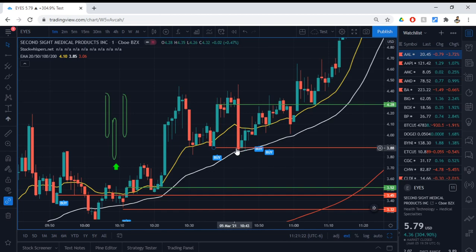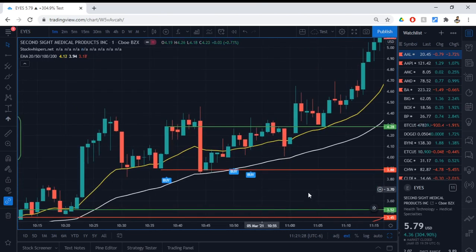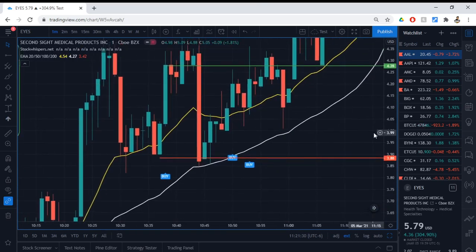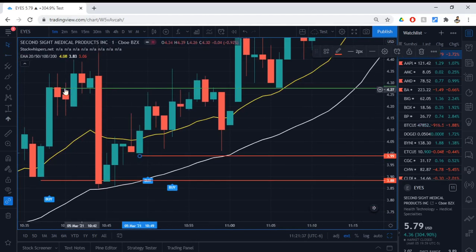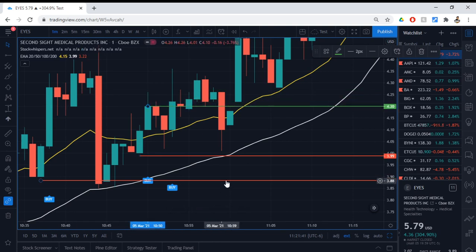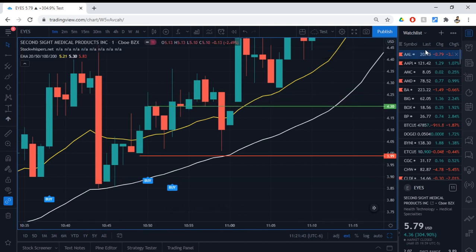And you would have been stopped out here. And then here, same scenario. Okay, stop loss here, entry there. Same thing here.